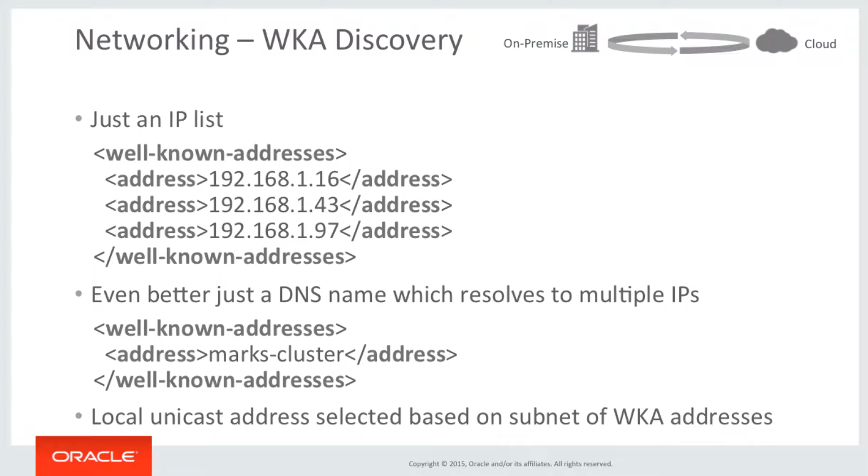But if you're using WKA and you haven't told us a specific address, we'll look at the addresses in the WKA list and infer a subnet from that, and then choose the local IP that best matches that subnet. So in the example here, if I was running on machine 192.168.1.1, while that's not in the WKA list, we would look at the list and say, given this list, it would be best if we chose our local IP that's also in that same subnet.